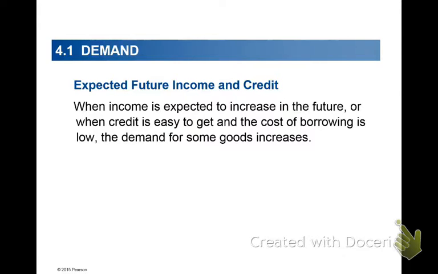If my expected future income goes up, people know that in the future they are going to be richer, so they say, hey, I don't have to save as much money as I wanted to save before, because I know that in the future my income is going to go up. So if future income goes up, you are going to buy more today, so your demand is going to go up.